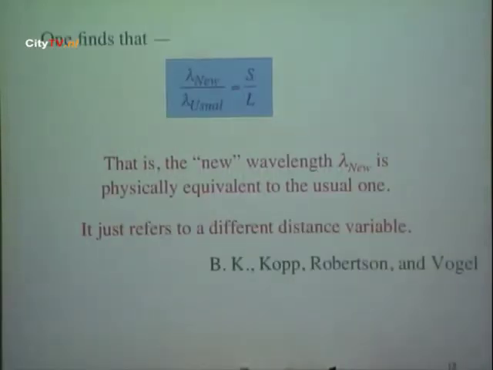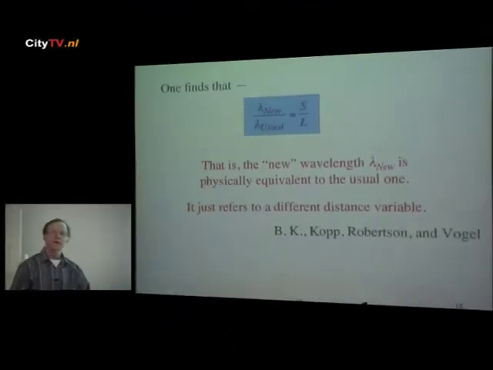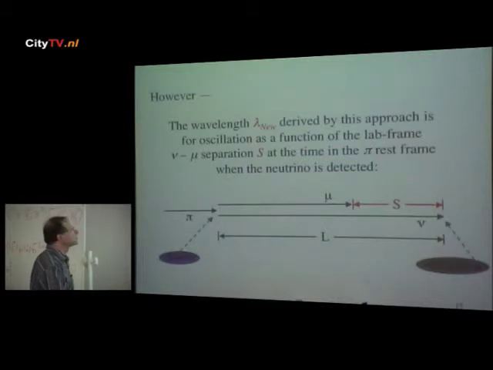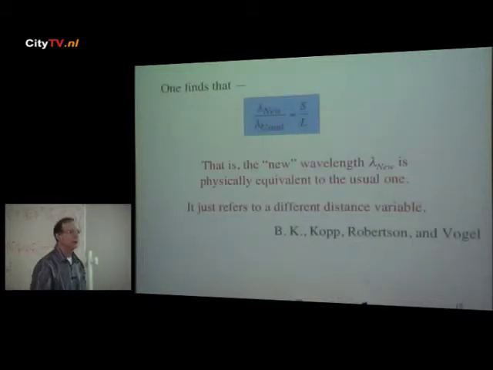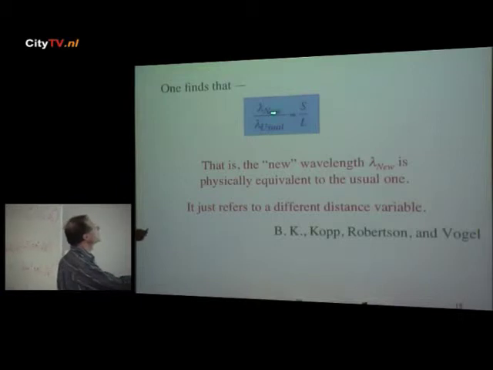And now, if you work out the relativistic kinematics, you find that the new wavelength that was derived by the entangled approach is to the usual wavelength as this new variable is to the usual variable. In other words, the new wavelength is actually physically equivalent to the usual one, but it refers to a different variable.